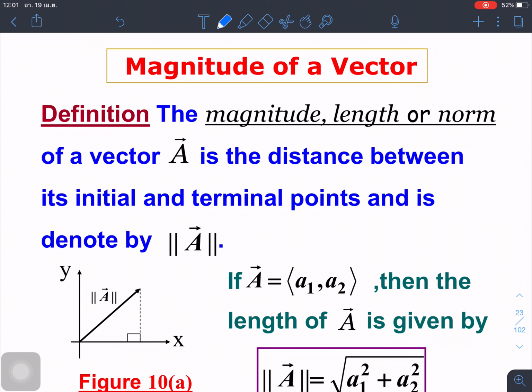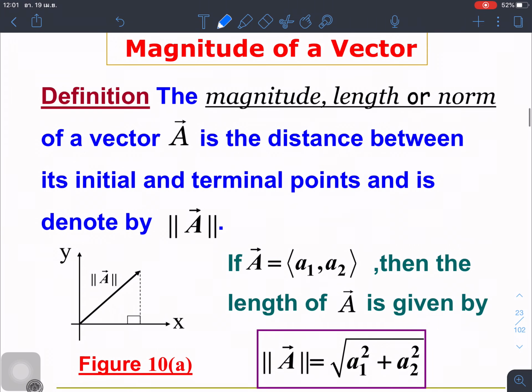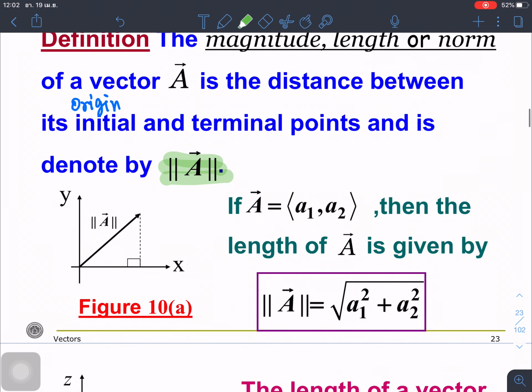The magnitude, sometimes called length or norm, or modulus, of the vector is the distance between the initial point, which is the origin, and the terminal point of that vector, and we denote it by this notation. We call it the magnitude, or length, or norm of vector A.